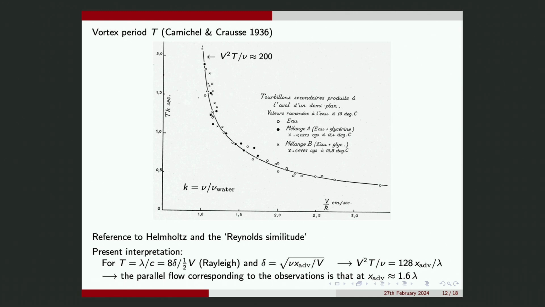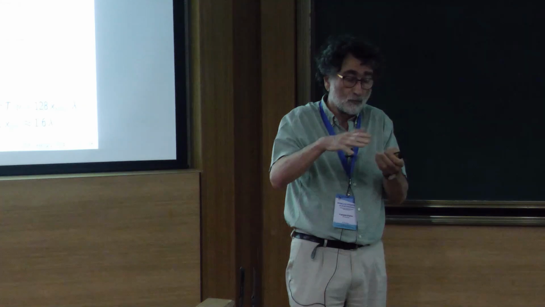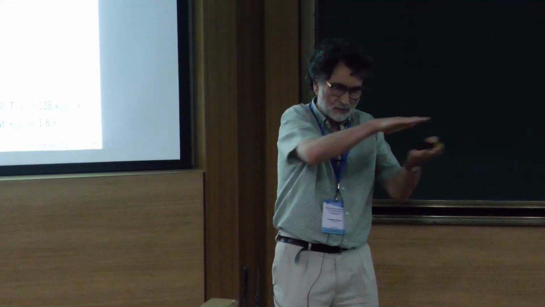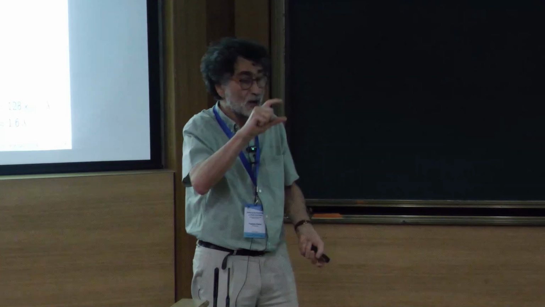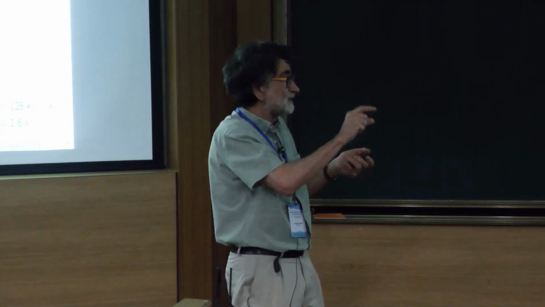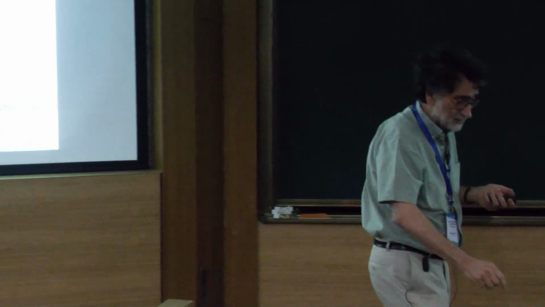So the parallel flow corresponding to these observations corresponds to a distance from the plate of 1.6 lambda, which is a reasonable result. This means that the waves we observe correspond to those which would grow on a flow invariant in the x direction, with a thickness which corresponds to that at the distance 1.6 lambda.